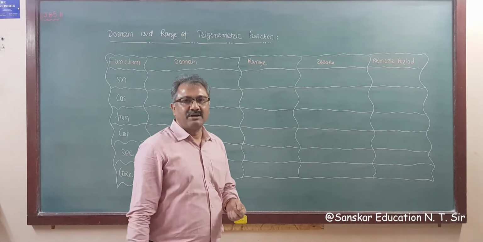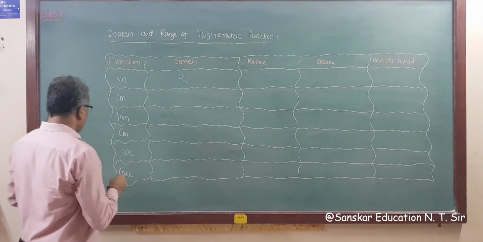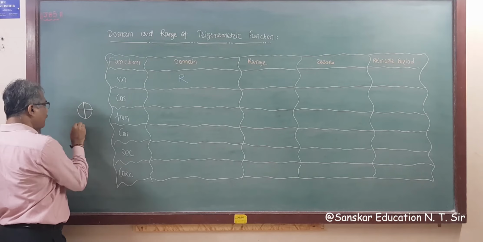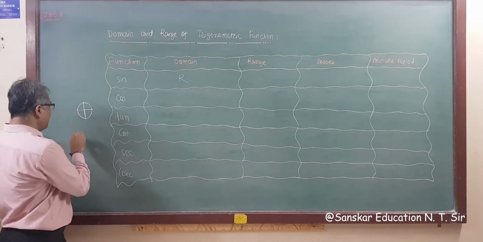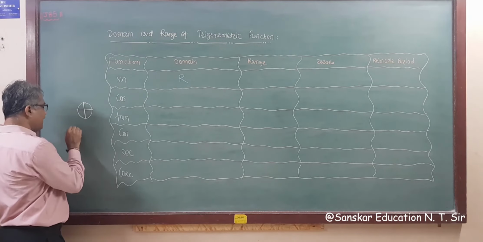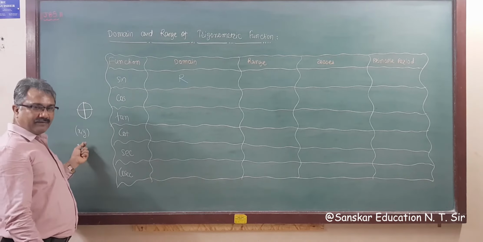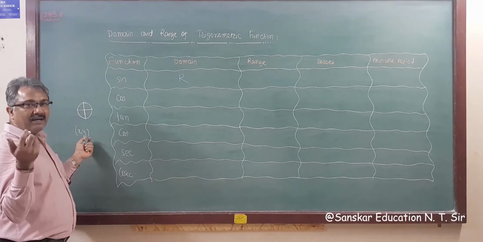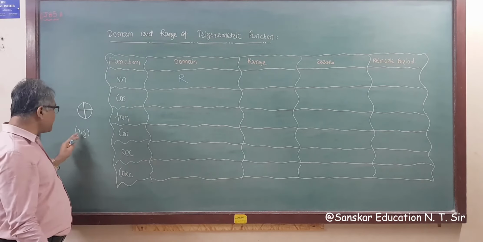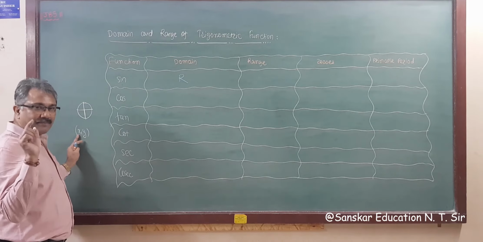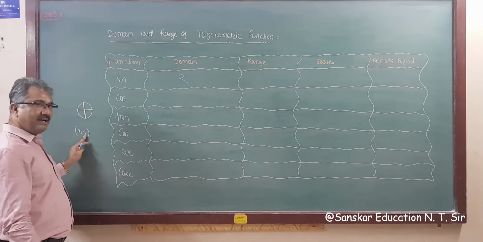Now range. Now you know in the unit circle you have the range of the sine function or cos function. If a function is defined, for function f we get an ordered pair. In the ordered pair, the first element, that is the x coordinate, represents the domain and y means the range.